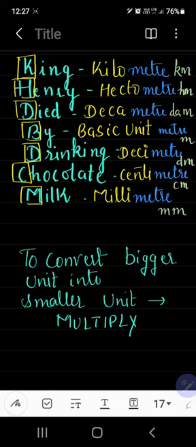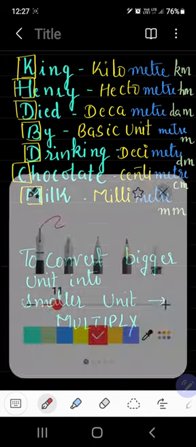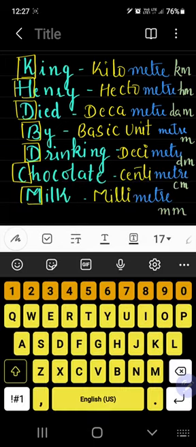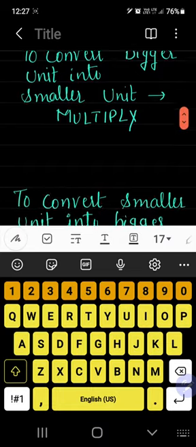And when you are converting a smaller unit into a bigger unit, like moving from millimeter to kilometer, you will divide. So let's do one example so as to make this concept clearer to everyone.